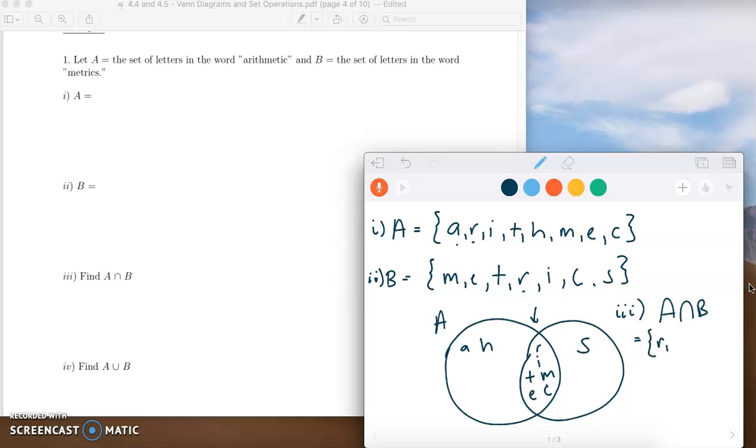So we have R, I, T, M, E, C. All right. Now I'm running a little bit out of room, but let's see if we can do the union. It's going to be, let's do this up here.